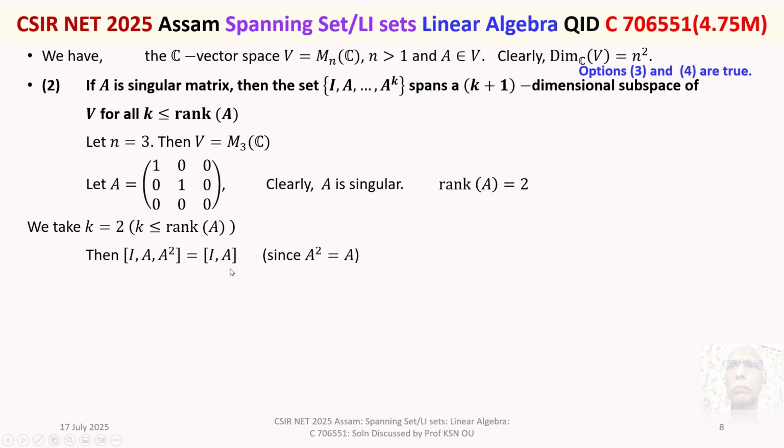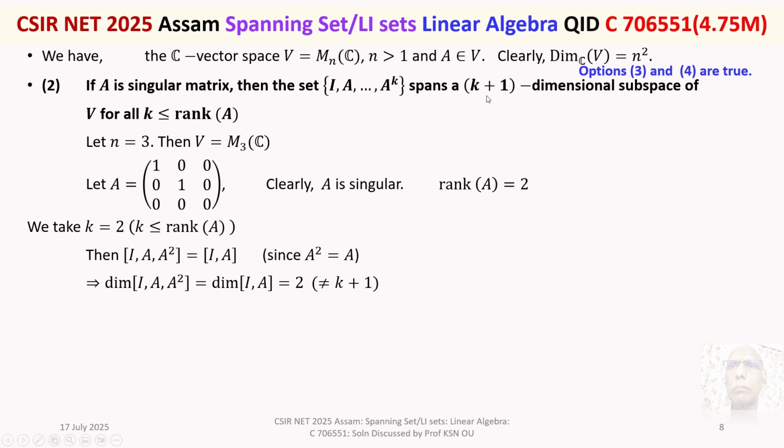So what happened? The dimension of the span of I, A, A squared is equal to the dimension of the span of I, A, which is equal to 2, which is not equal to k plus 1.